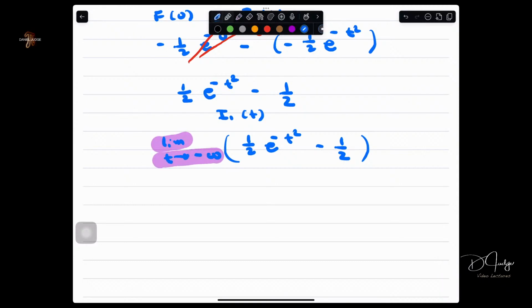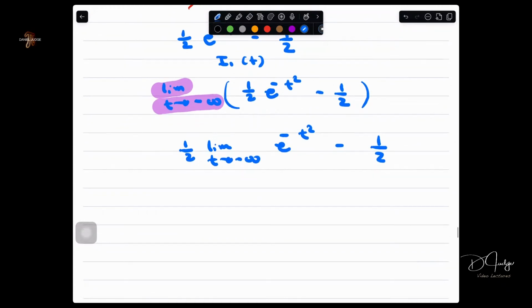By properties of limits, we get 1/2 limit t goes to negative infinity e to the minus t squared minus 1/2, because the limit of a difference is the difference of the limits. Limit of a constant is the constant. We pull out the constant of 1/2.